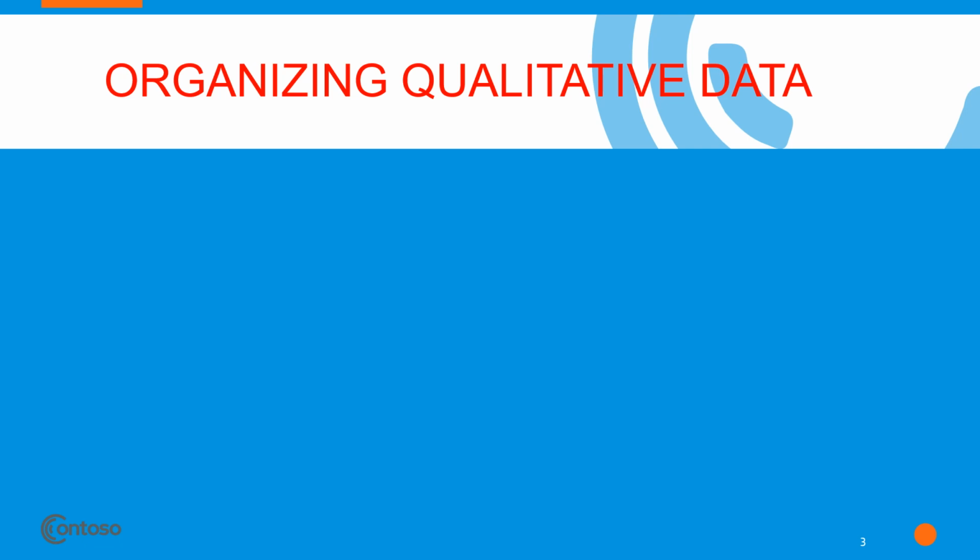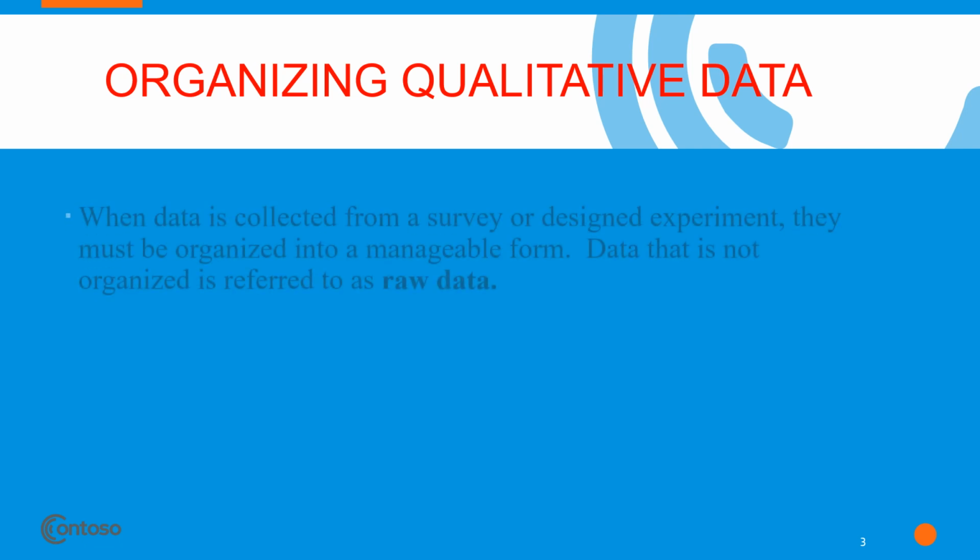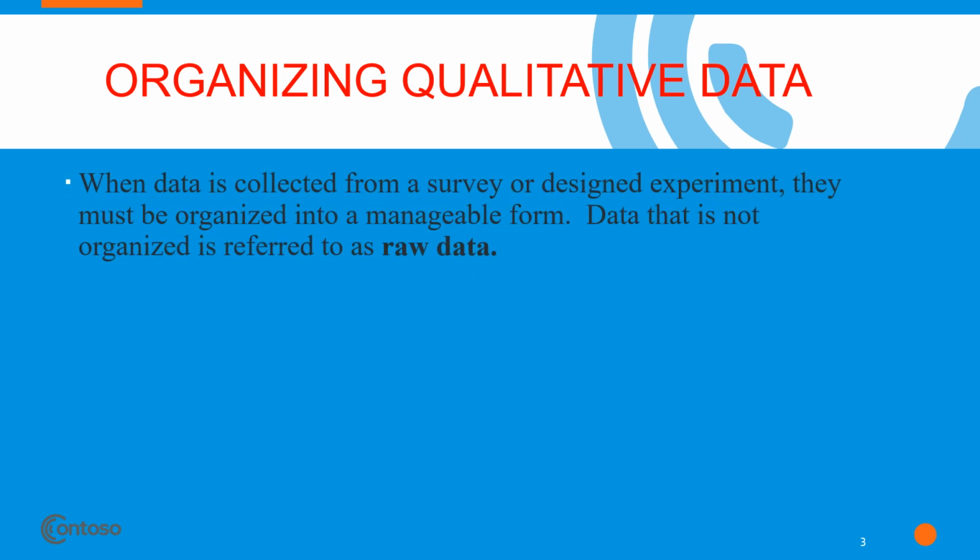Okay, so we are going to organize qualitative data. When data is surveyed, or an experiment is designed, the data must be organized into a manageable form. Data that is not organized is referred to as raw data.